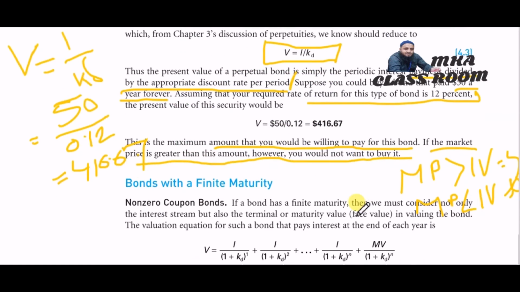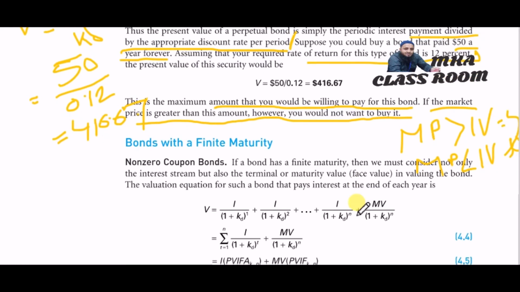Now we will see the bond values with finite maturity. Until now we were discussing infinite maturity, that means it never ends.